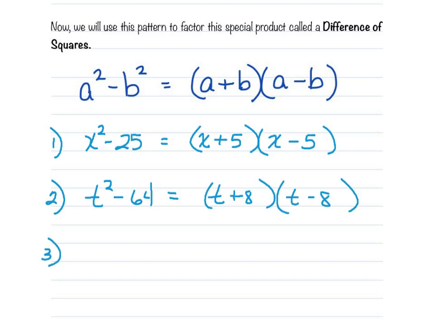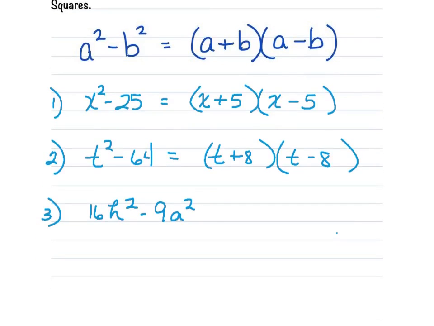Number 3, 16h squared minus 9a squared. Okay, this is also a difference of squares. And when we factor it, we have 4h plus 3a times 4h minus 3a.